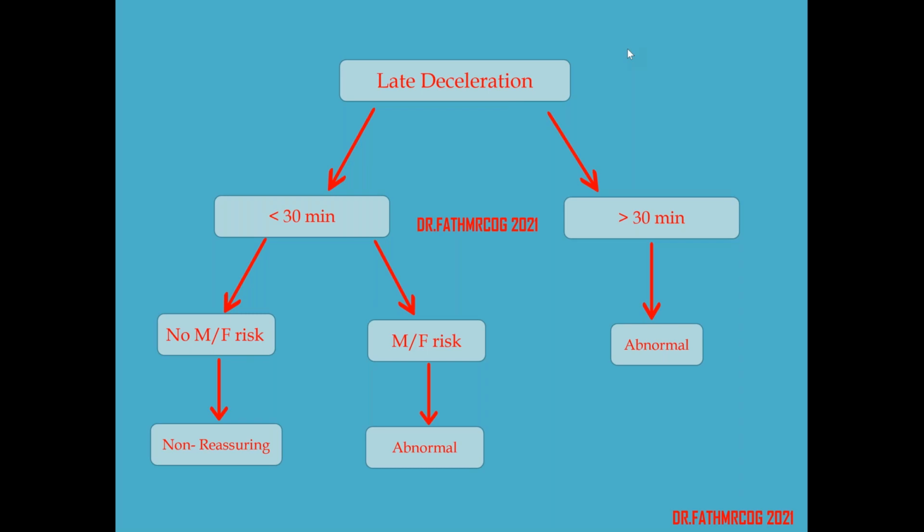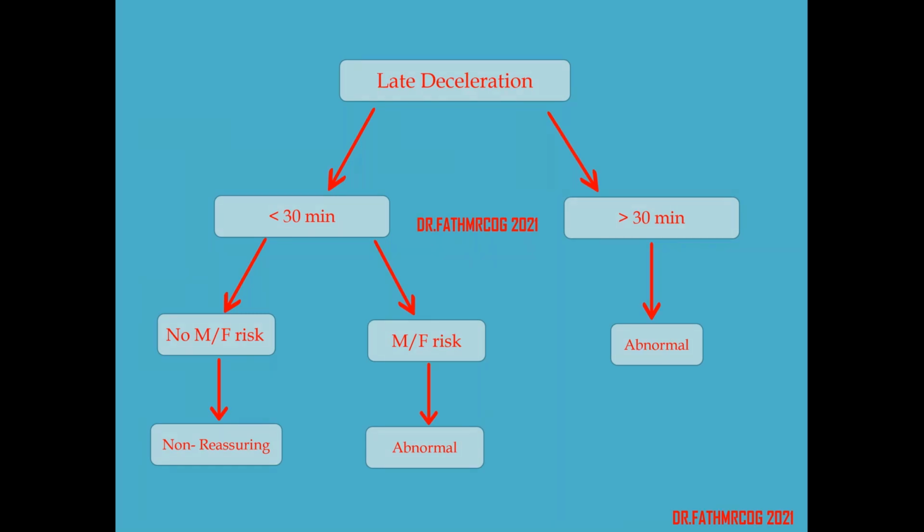When the beat to beat variability is decreased, less than 5, and the duration is more than 50 minutes, it will be non-reassuring, right, doctor? Throughout the pathology, 30 to 50 minutes. Yes.